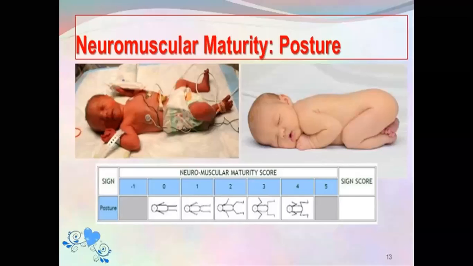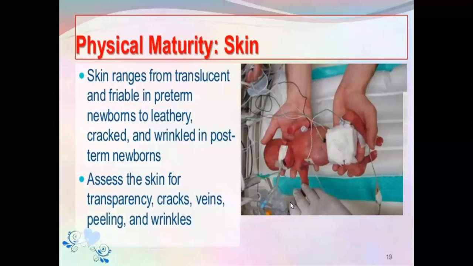So the first is posture. In the picture, I think you are able to make out that the term baby is having a universal flexion as compared to the preterm babies. So this is the scoring, -1 to 5.